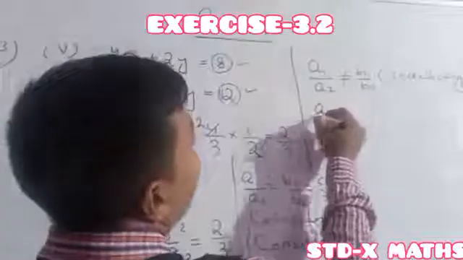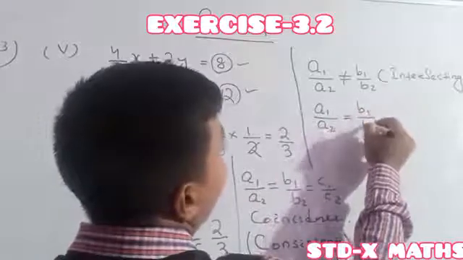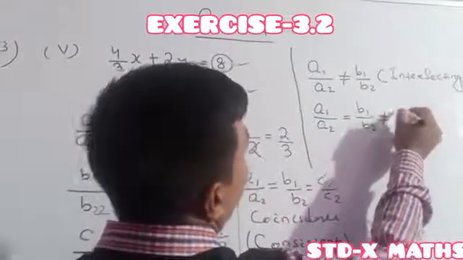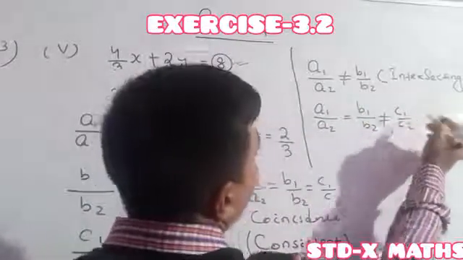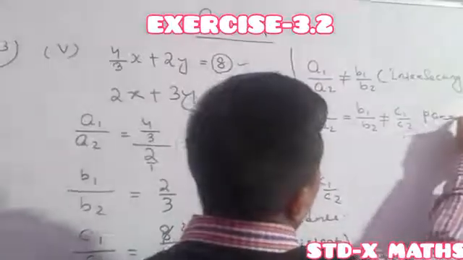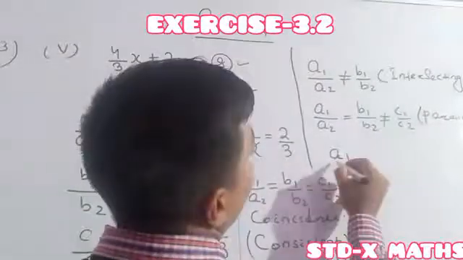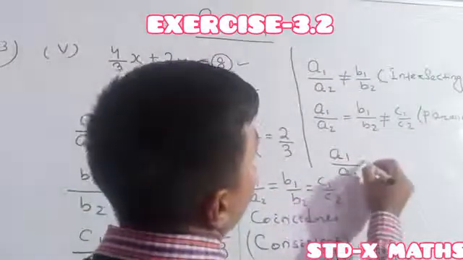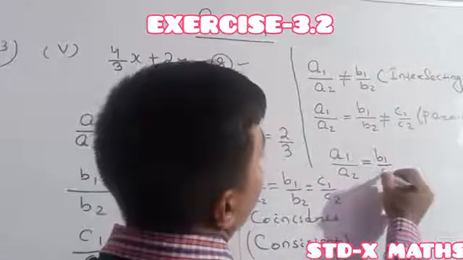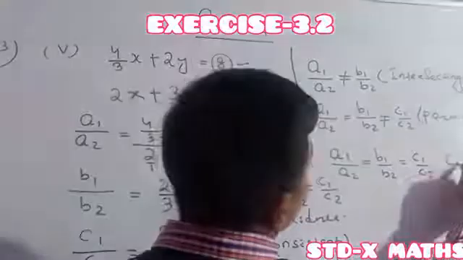Whenever A1 by A2 is equal to B1 by B2 but not equal to C1 by C2, here it is parallel. And whenever all the ratios are equal, A1 by A2 equals B1 by B2 equals C1 by C2, it is coincident.